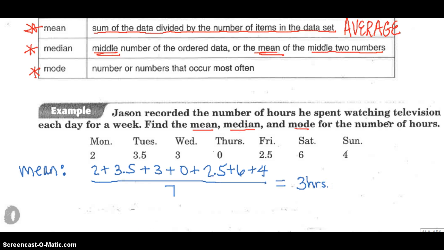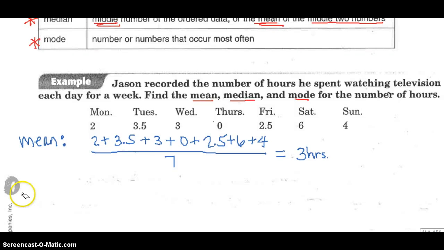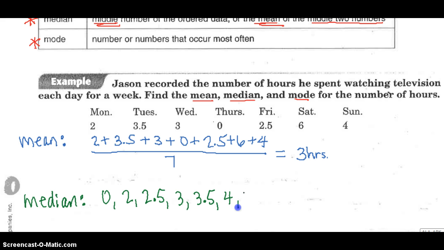Next, they want us to find the median, which is the number in the middle. So let's list them from least to greatest. We're not going to necessarily go in the order, because 0 comes first, then 2, then 2.5, then 3, 3.5, then 4, then 6. 1, 2, 3, 4, 5, 6, 7.